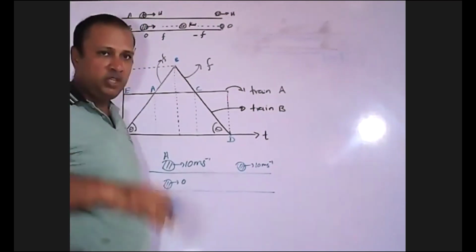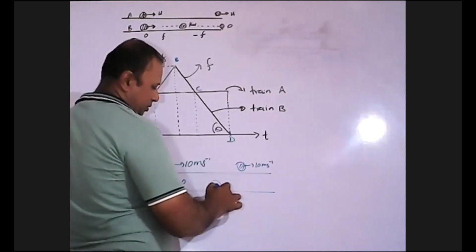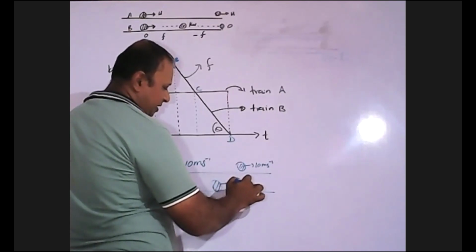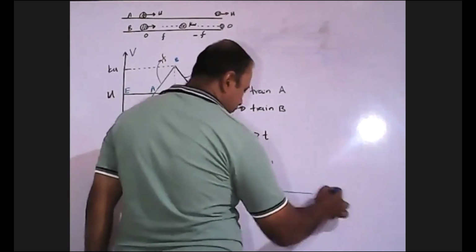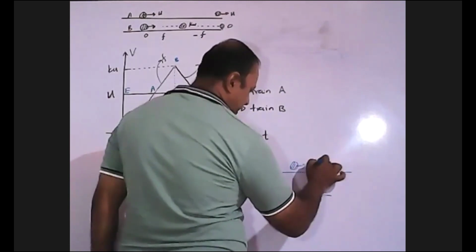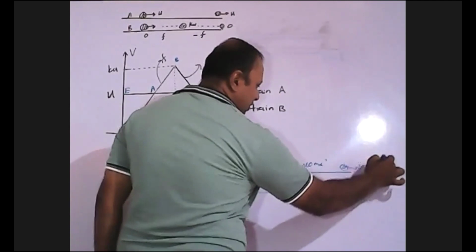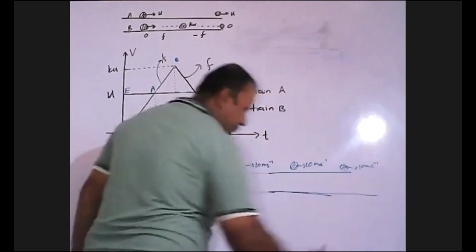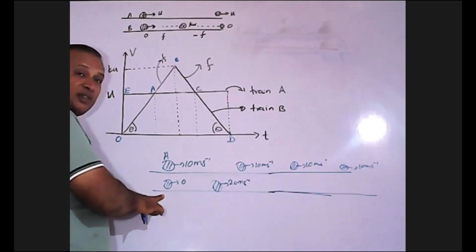Due to constant acceleration, the velocity of B comes to the maximum point. Suppose that velocity is 20 ms minus 1. The velocity of A doesn't change because it has a constant speed. Now, B has a constant acceleration.